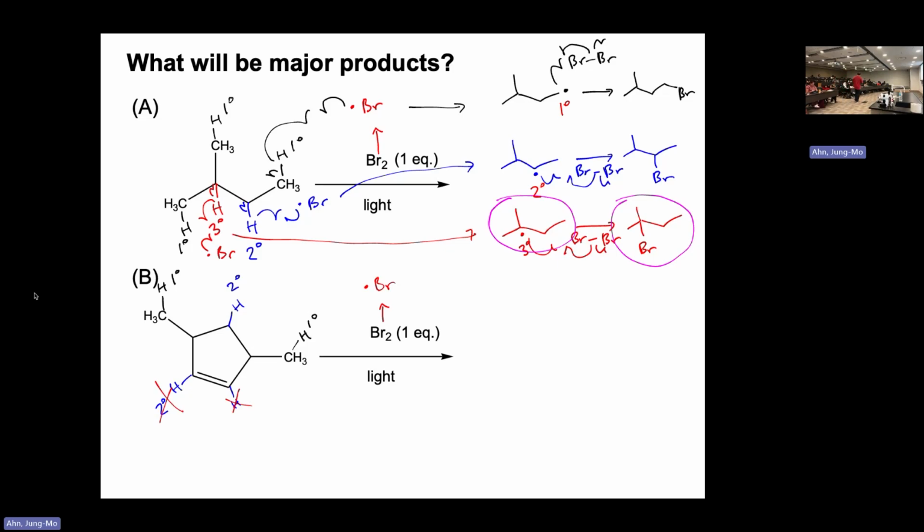No sp2 carbon will go through the reaction, not only in this chapter but also the next. So don't try to do anything with the hydrogens on double bonds. Those hydrogens are not taken out by the radical. The bond is just too strong because it's sp2 hybridized. All right, don't make a mistake there.